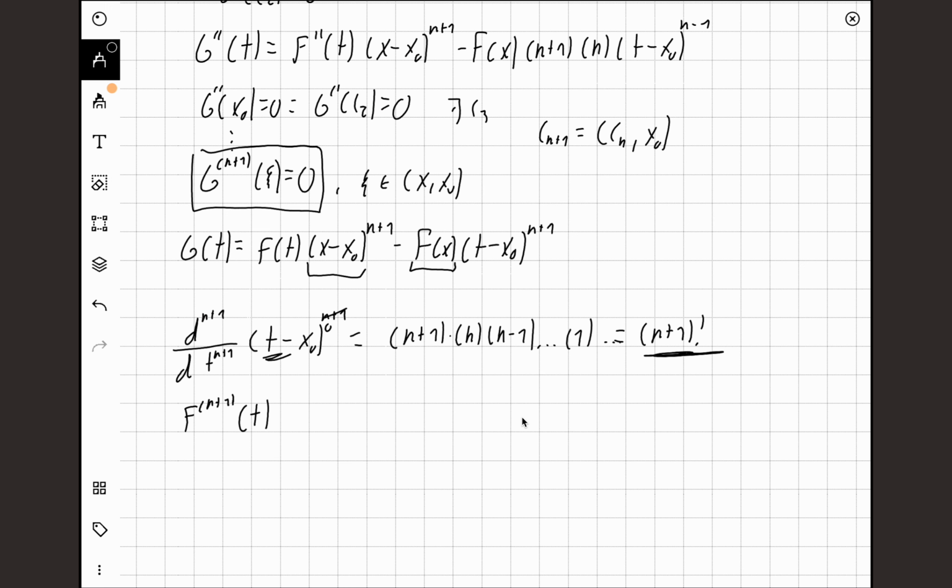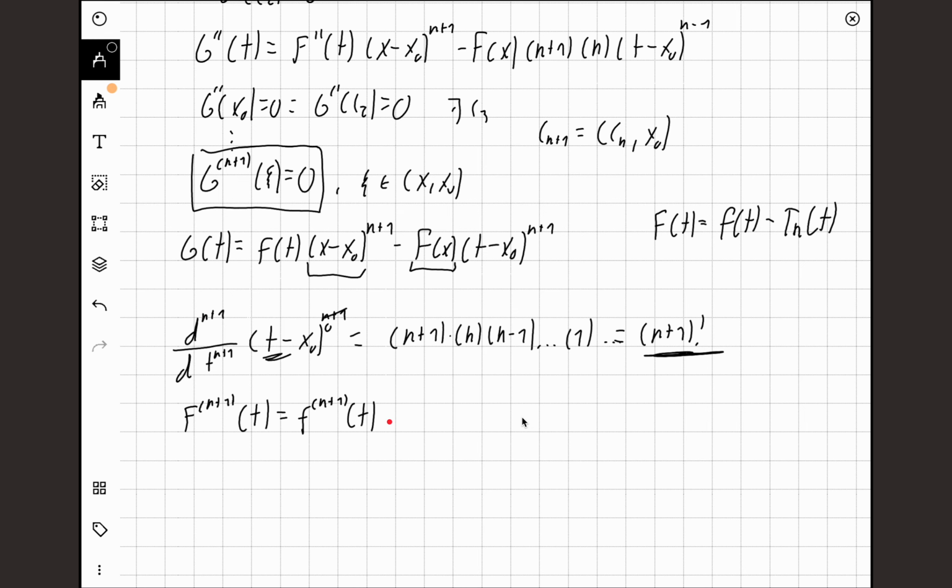But, what does f of t actually equal? Well, we said that f of t equals, I'm going to write it here, our actual function, f of t, minus our Taylor expansion, tn, and this is also based on t, just instead of x. So for the n plus 1 derivative of this, well, the derivative is a linear operator, so I can just distribute the derivative to each term.